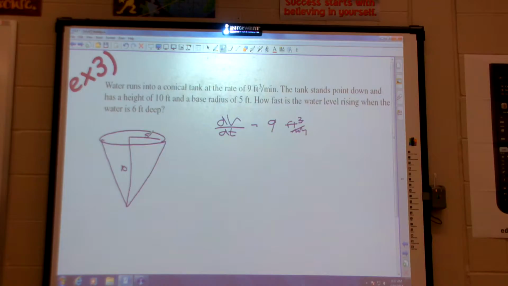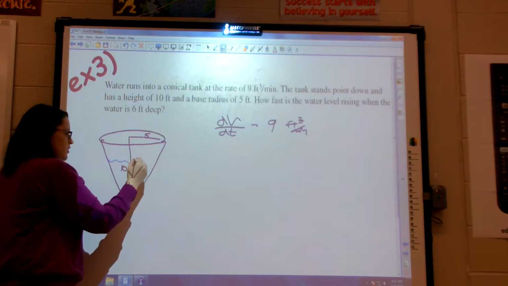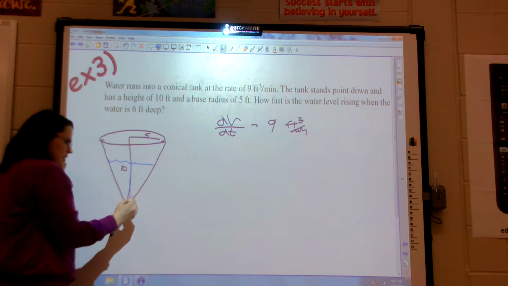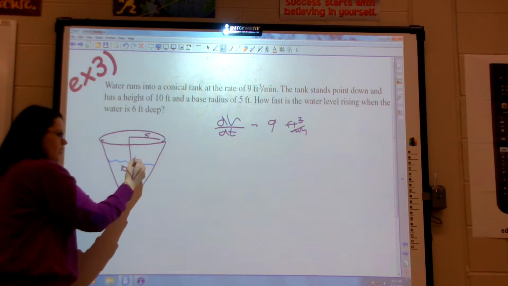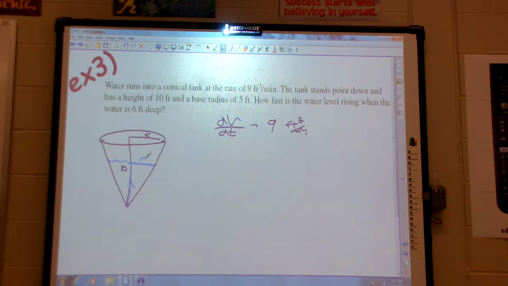A lot of people get confused here because they don't think we have any variables. But just remember we were talking about the water level. So this is the height of the water. This is the radius of the water, correct? That's what is changing. The tank is not changing, the water level is.